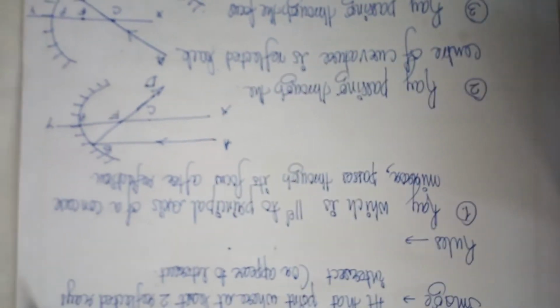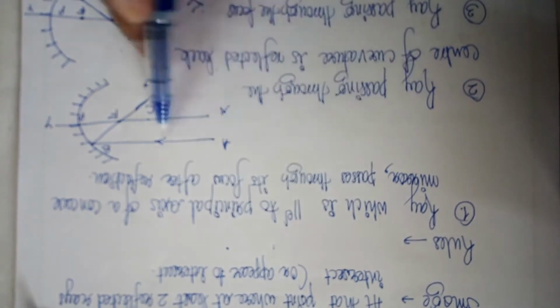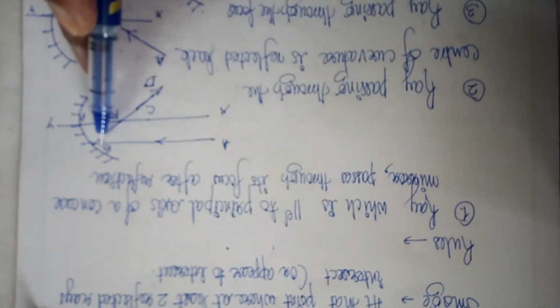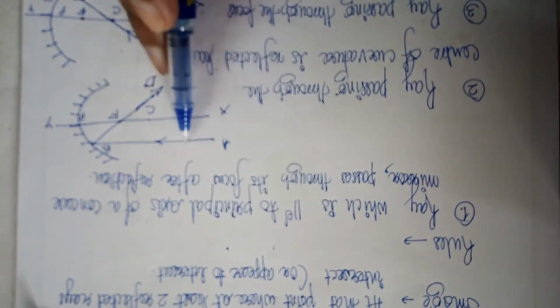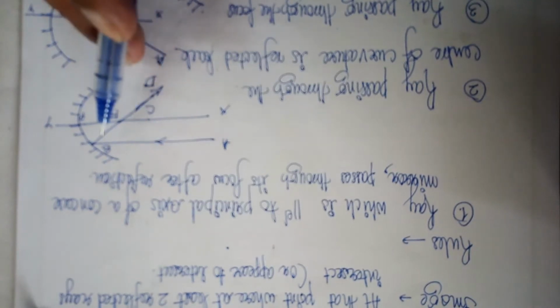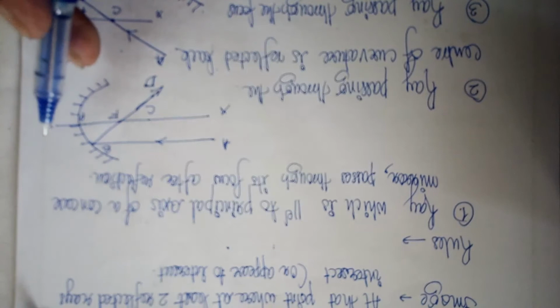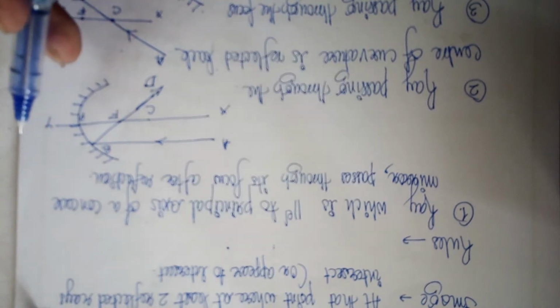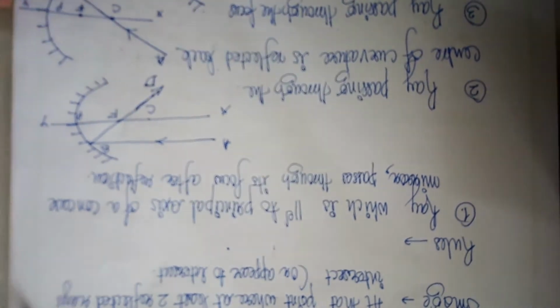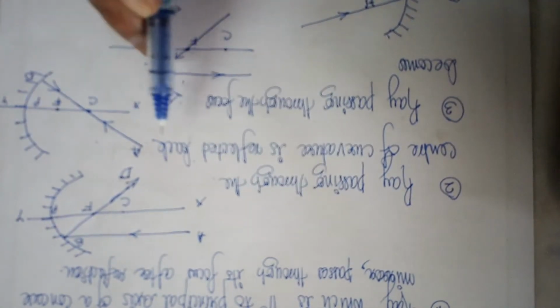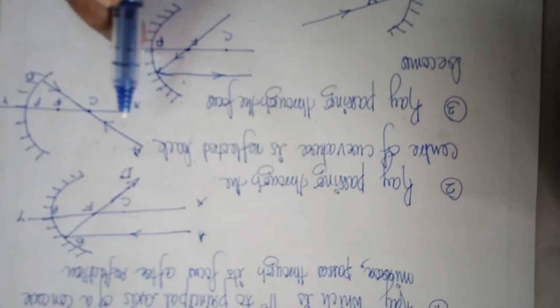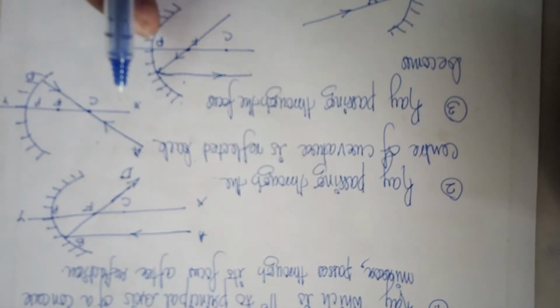The rules are: the ray which is parallel to the principal axis of a concave mirror passes through the focus after reflection. This is the first law. And the second law is: the ray passing through the center of curvature is reflected back along the same path, or it will retrace.